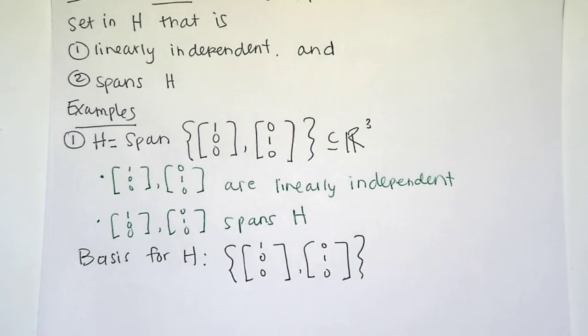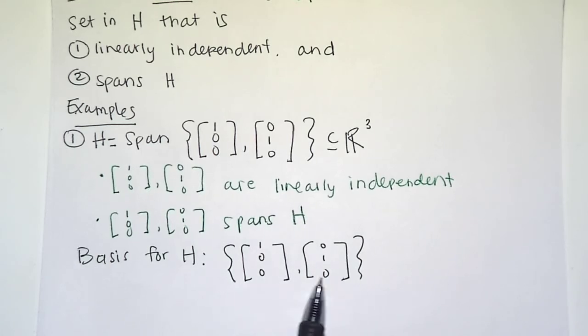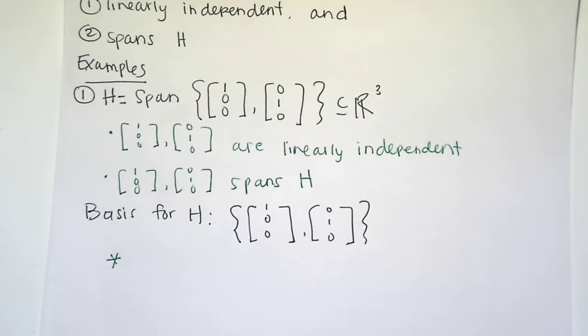All right, question, there are only two things here, which means it's not going to span R3. That is totally fine. So our basis does not need to span all of R3.